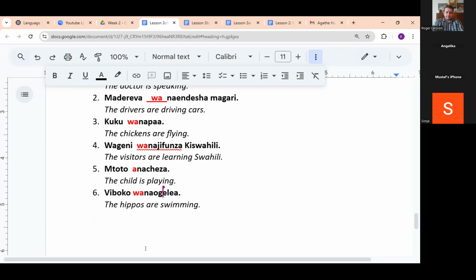Okay, so what we say here is mtu. Mtu is a person, but when the person is very strong, very huge, we normally say jitu. This is a language feature. So when you say jitu, it will no longer take the A, it will take the GMA class, so it will agree with the other GMA nouns.